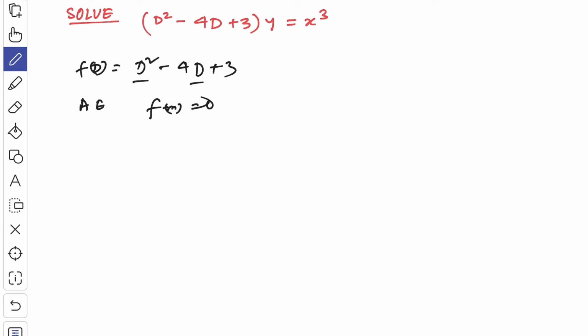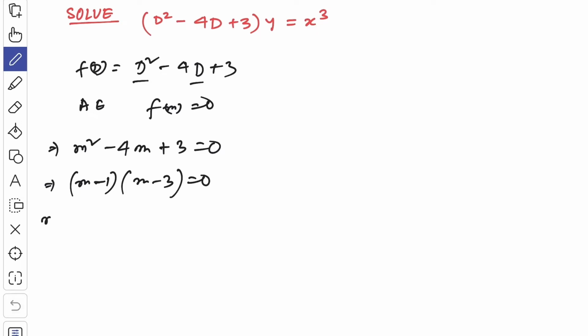Now replace D by m here, so then you will get m square minus 4m plus 3 is equal to 0, and as it is a quadratic equation, you can solve it by factorization or by using the quadratic formula. So let's factorize it, and on factorizing this, you will get m minus 1 into m minus 3 equal to 0, which implies m is equal to 1 and m is equal to 3, isn't it? So our roots are m1 is 1, m2 is 3.